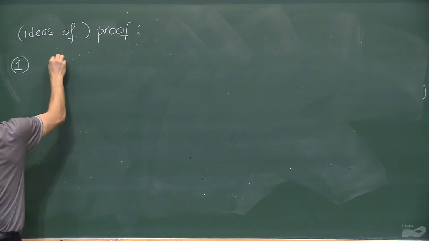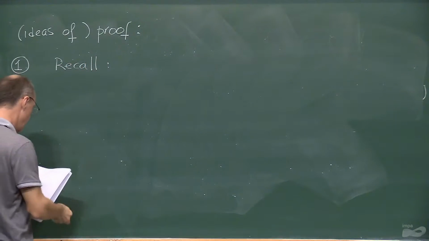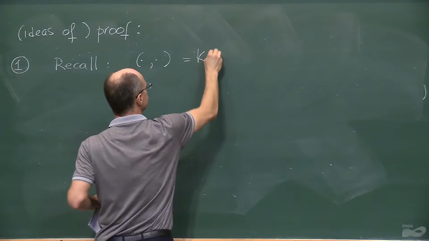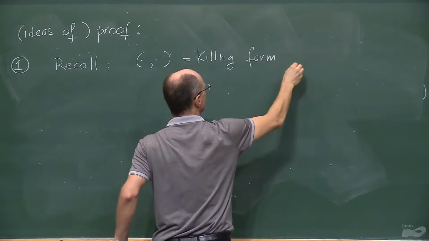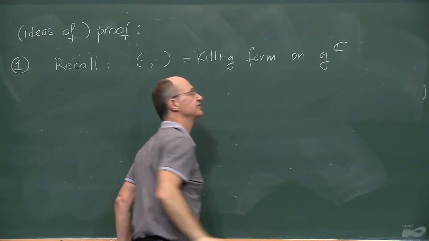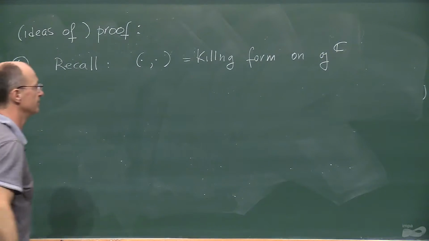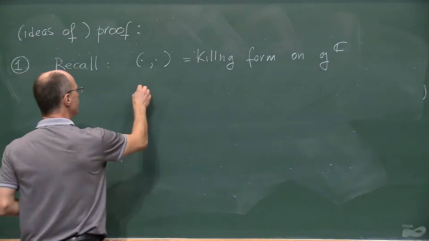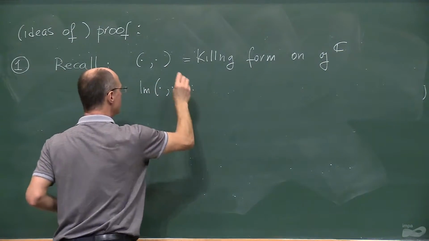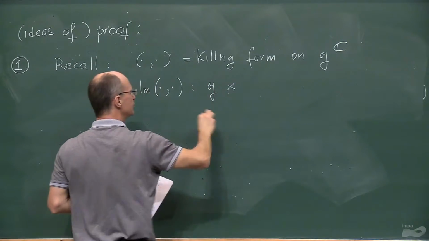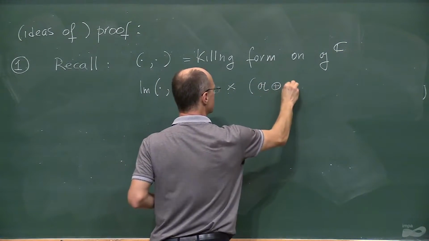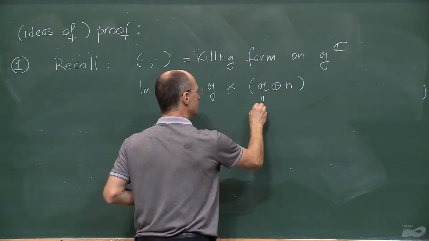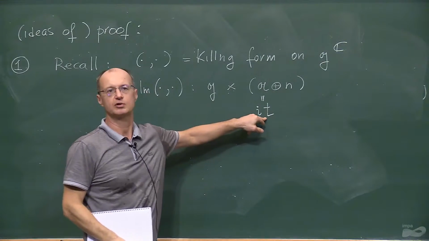Let me recall that if I denote like this the Killing form on the complexification of G, so on the complex, say, semi-simple Lie algebra, let's assume that it's all semi-simple, then the imaginary part of this form establishes a perfect pairing between G and the sum of the, say, nilpotent and what is called A. So A is the imaginary unit times the Lie algebra of the torus.